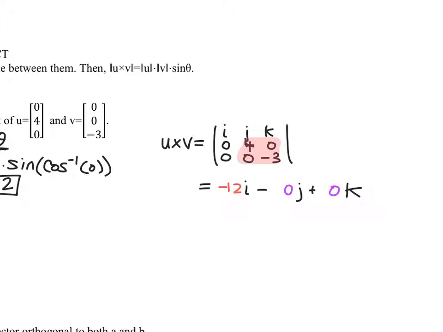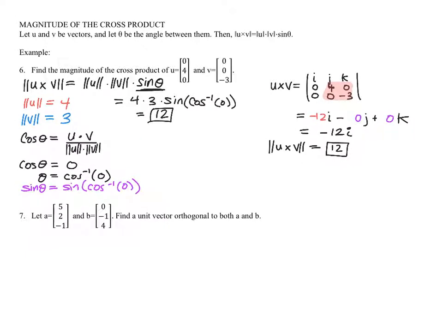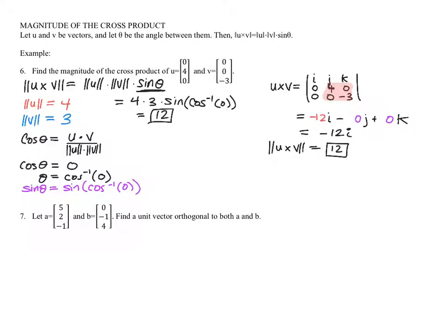All right, so this boils down very nicely to just a negative 12i, the magnitude of which, you do the work, is just going to be equal to 12, so you'd get it that way too. So a little bit simpler, sure, but not always.